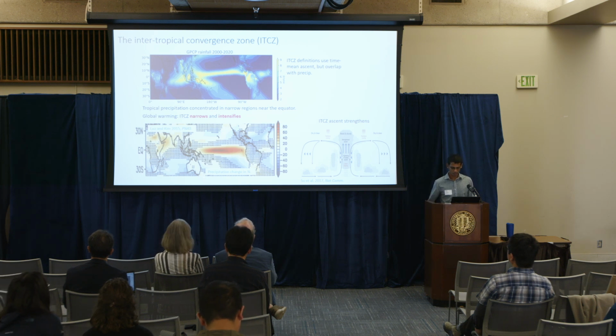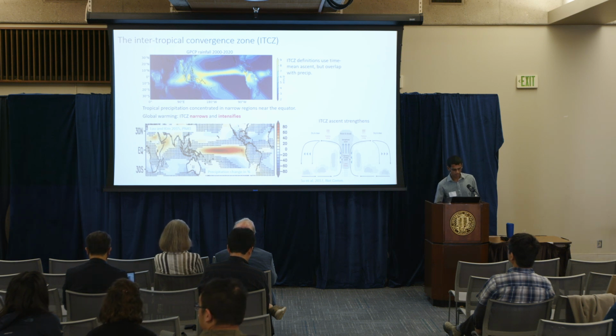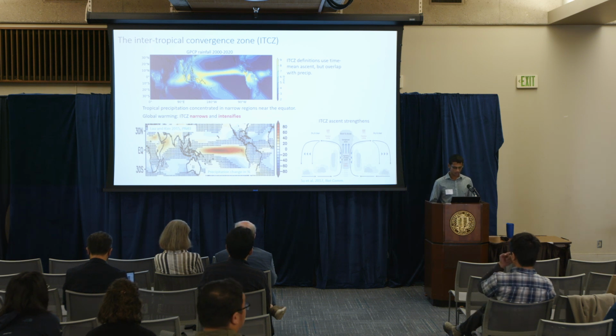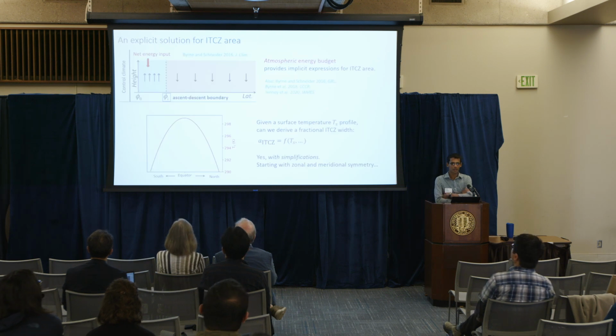As a consequence, the ascent that must balance the condensational heating also increases in intensity. These are fairly robust properties that we can both simulate and somewhat observe. The question then is why does the ITCZ narrow?